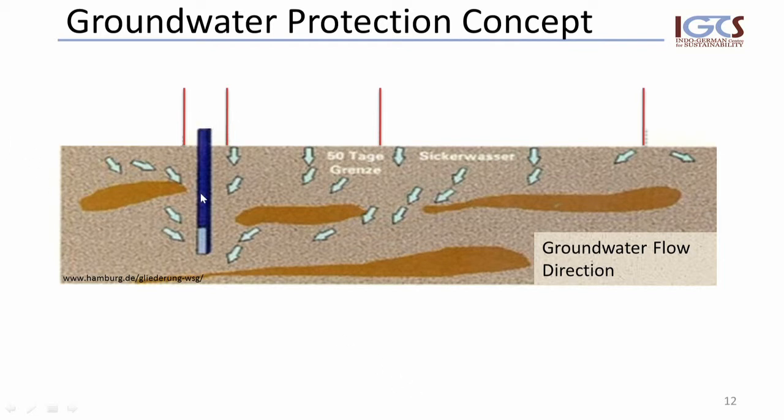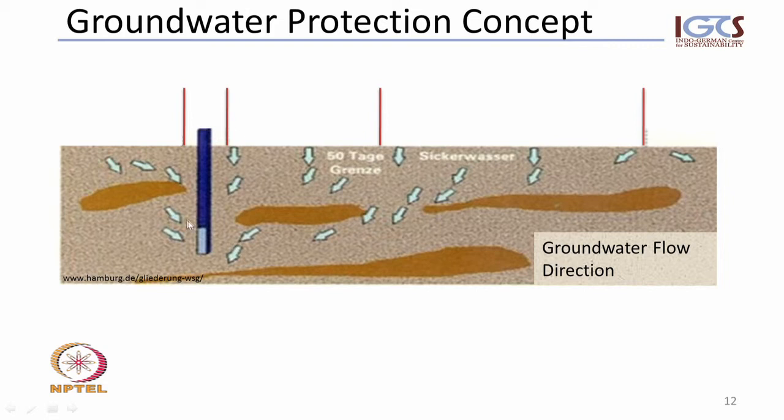Now, we have our aquifer system here. We have a borewell sitting here, this blue symbol here, and then we have blue arrows indicating our groundwater flow direction, our recharge taking place in the various places.